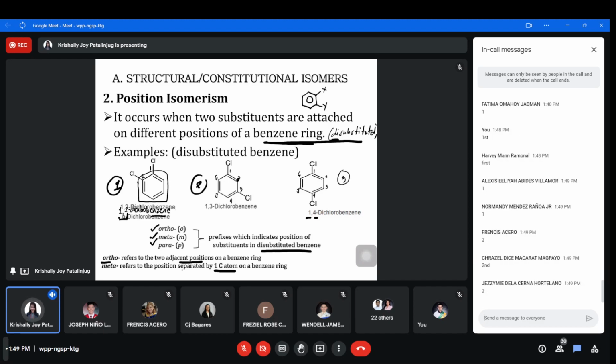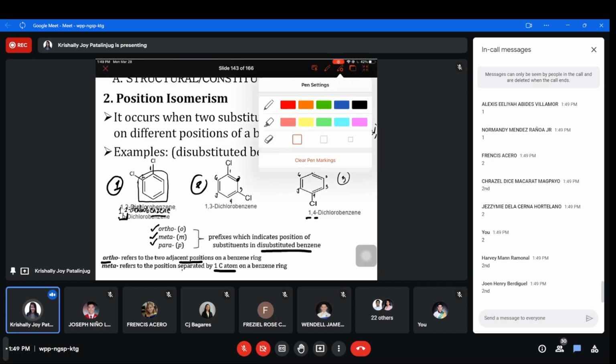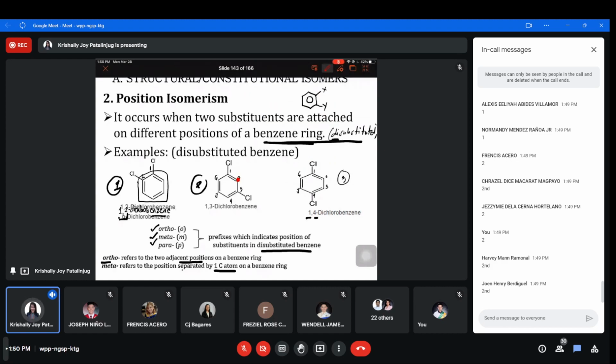Okay, very good. Sa second, kasi kung titingnan mo, yung position ng chloro, may one carbon apart bago yung kasunod na chloro. So, instead of 1,3, pwede niyan gamitan ng meta. Meta dichlorobenzene.